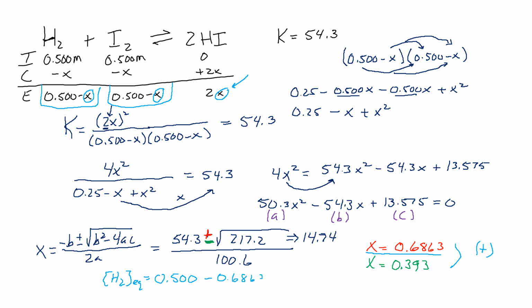And obviously, as you could probably see without the actual number, but we'll put it up there, that is negative 0.1863, and you cannot have a negative concentration. So this is no good, which means this guy is too big.